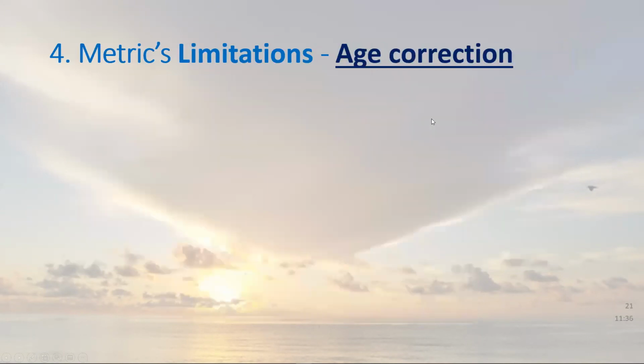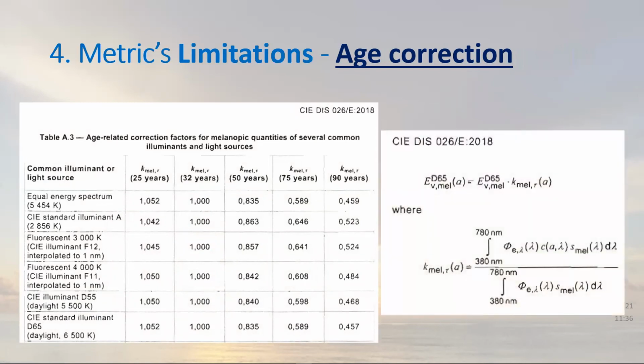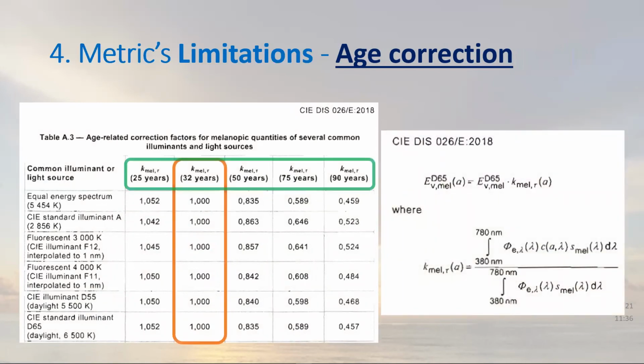The other limitation that we have is age, and this is also described in the CIE document. We have to do this evaluation according to the average vision for the age of people.